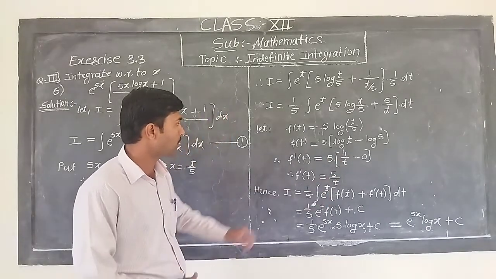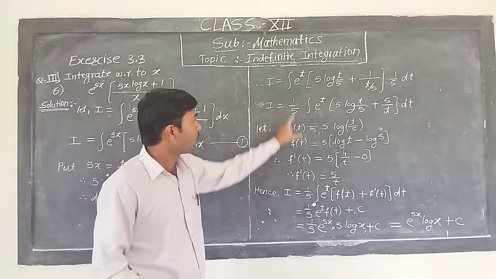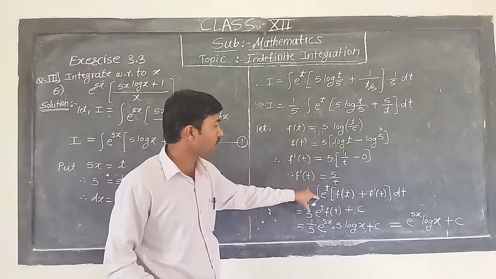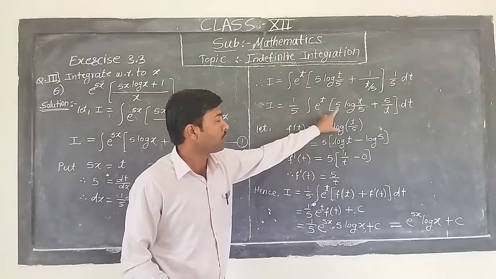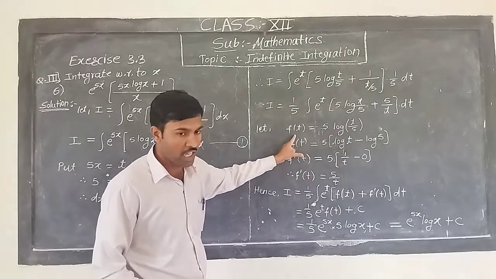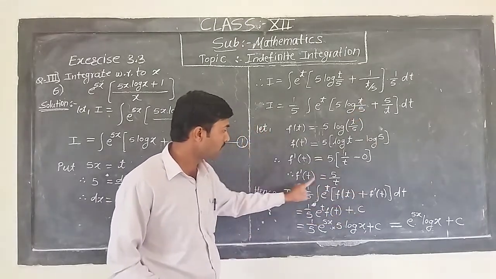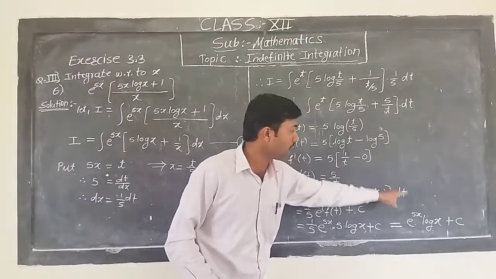Now after replacing both these terms in this equation, I will be 1 upon 5 into the integration of e raised to t into, 5 log of t upon 5 is replaced by f of t, plus 5 upon t, which is replaced by f dash t, into dt.